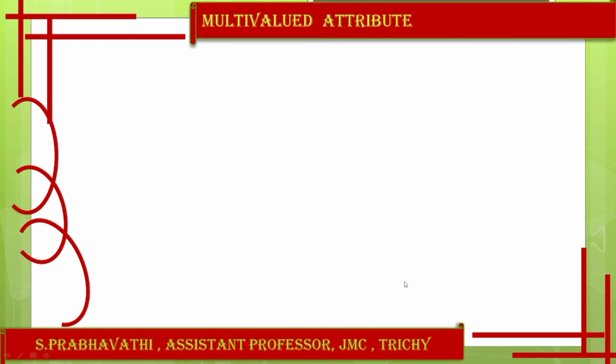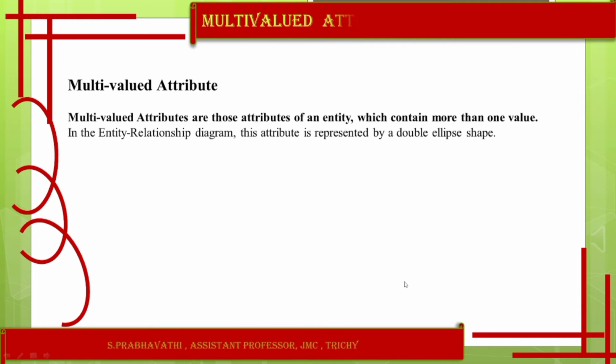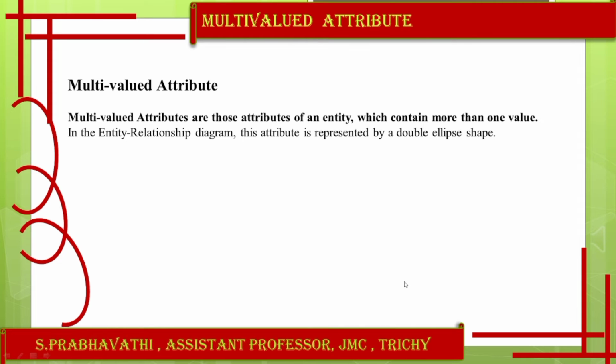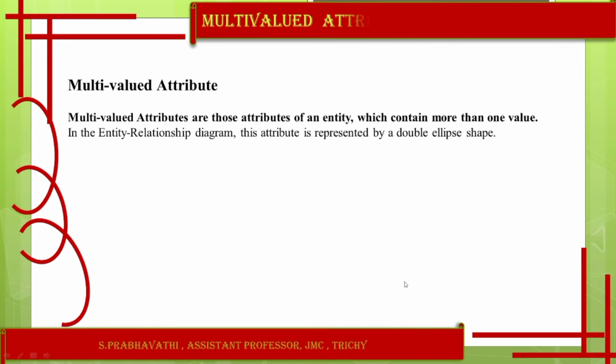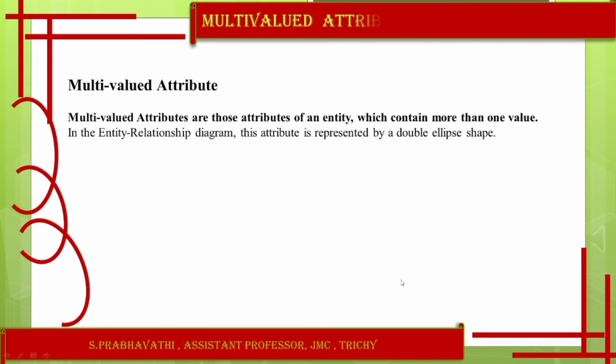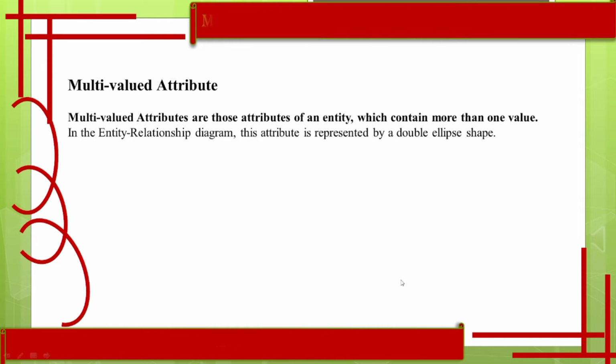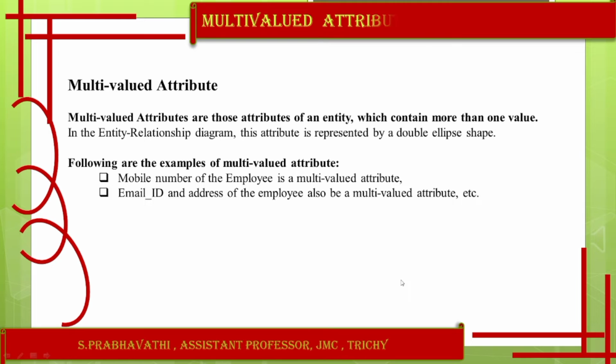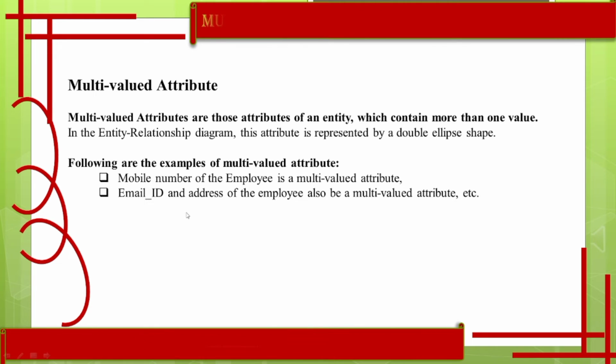Next, multi-valued attributes. Multi-valued attributes are attributes of an entity which contain more than one value. In the entity relationship diagram, this attribute is represented by a double ellipse shape. The following are examples of multi-valued attributes.